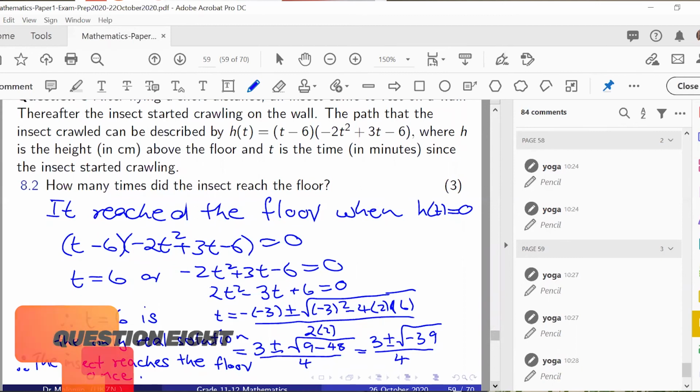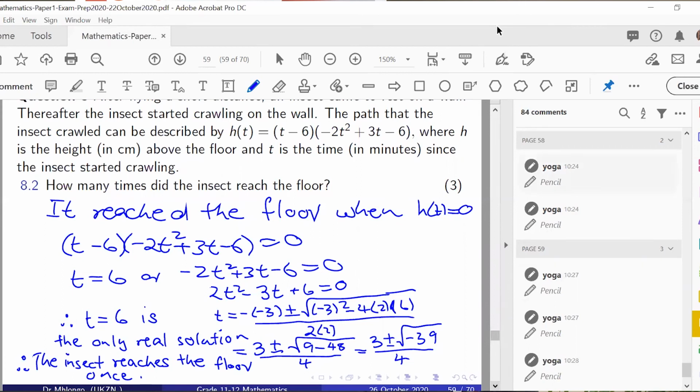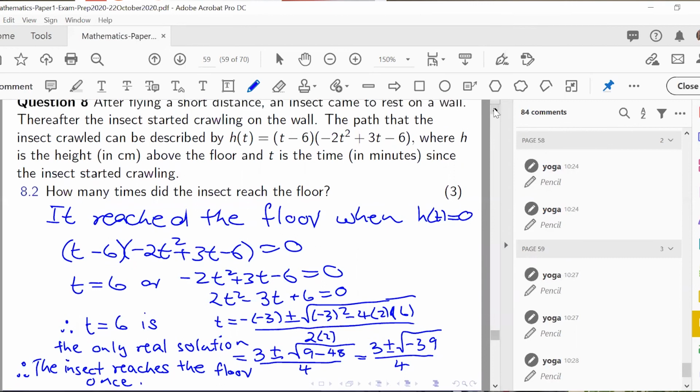And I might have not explained 8.2 in detail. I think it's time for me to explain that because we have some little time left before the end.